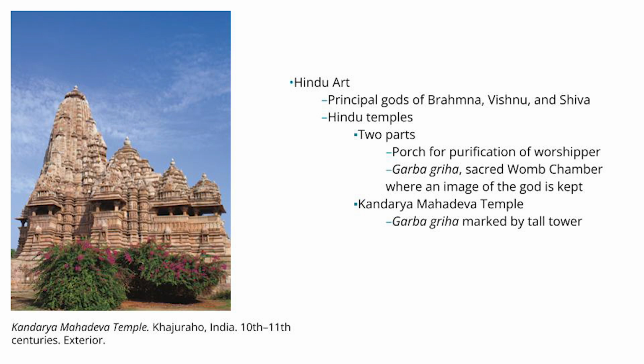The Garbha Griha is the sacred womb chamber where an image of the god is kept. In this specific example, this is the Kandarya Mahadeva temple. You can tell where the Garbha Griha is because it's marked by the tallest tower there. So the one sort of to the left, that is where the Garbha Griha is.